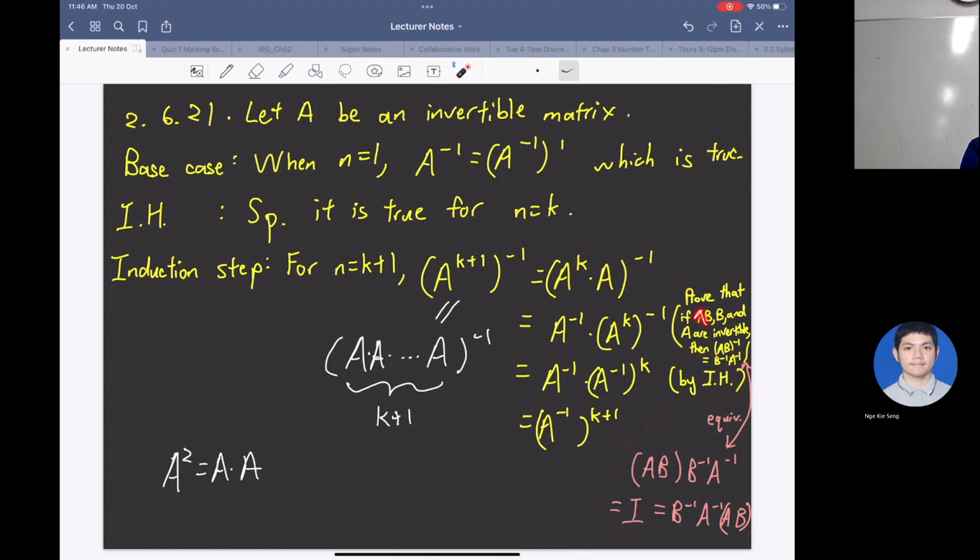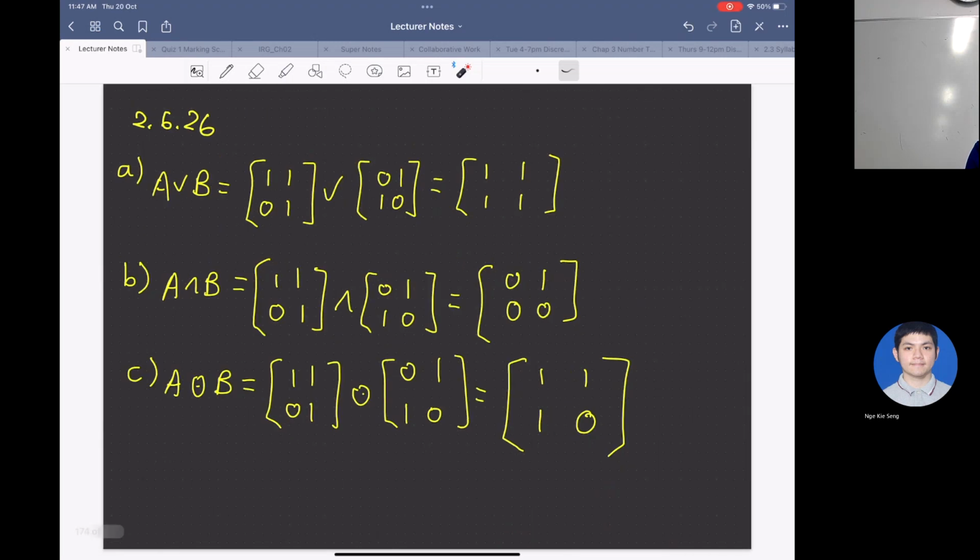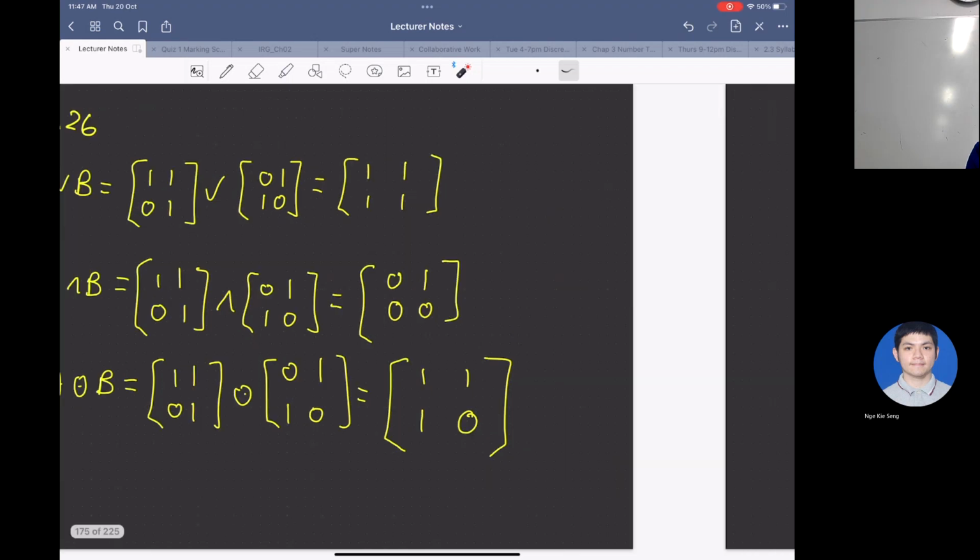If A and B are invertible, then you can find the inverse of AB, which is B inverse times A inverse. This one is also easy to check, because you just need to do this computation here. And then 2.6.26 also checks whether you know how to compute or not.